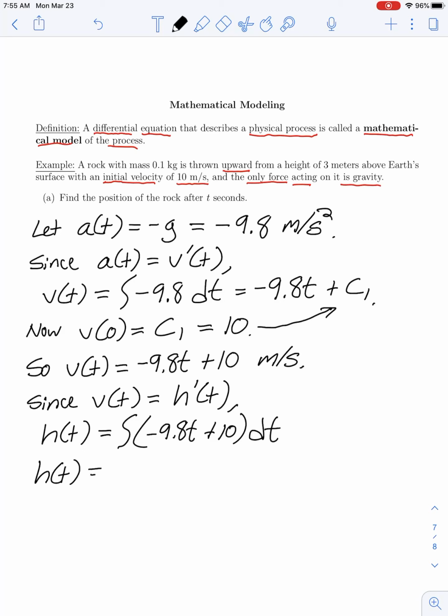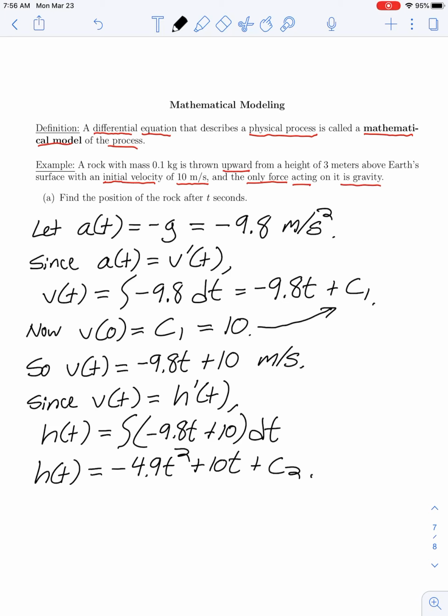And we find that h of t, our height or position, is then negative 9.8 times t squared over 2. So here, half of 9.8 is 4.9 t squared, plus 10 times t plus some constant c2.